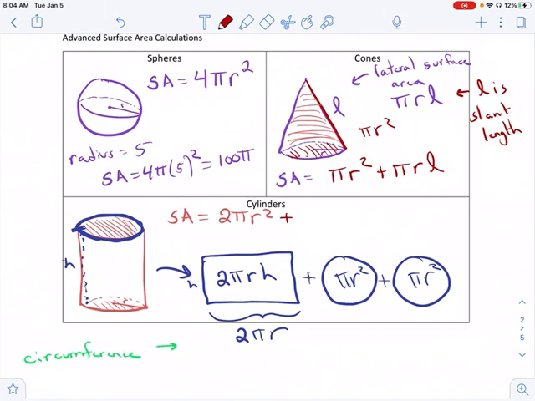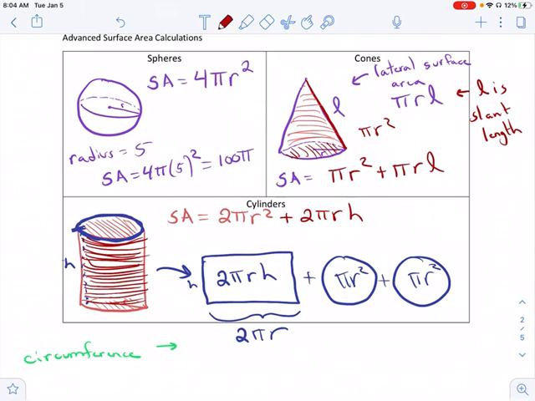So it's 2 pi r squared because of the two circles, and then plus 2 pi r times my height. And that is going to determine the surface area of the entire cylinder, but also the 2 pi r h is generally what we would consider the area of, sometimes it's called the label, but it can also be called the lateral surface area as well.